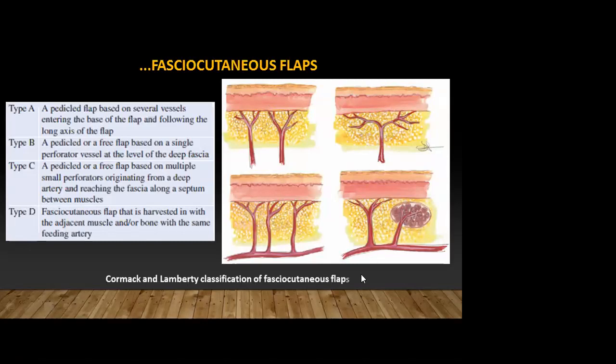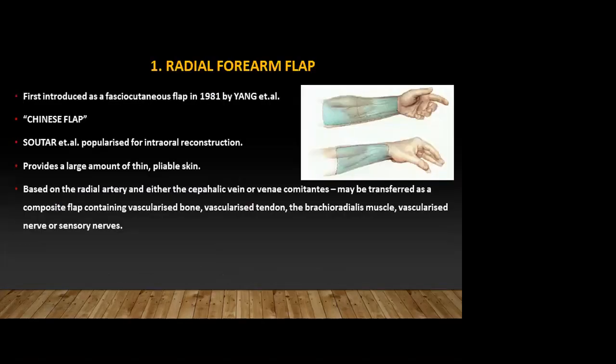And type C is a pedicled or a free flap based on multiple small perforators originating from a deep artery and reaching the fascia along a septum between the muscles. And type D is a fasciocutaneous flap that is harvested together with adjacent muscle or bone with the same feeding artery. So this is the classification put forward by Cormack and Lamberty regarding the fasciocutaneous flaps.